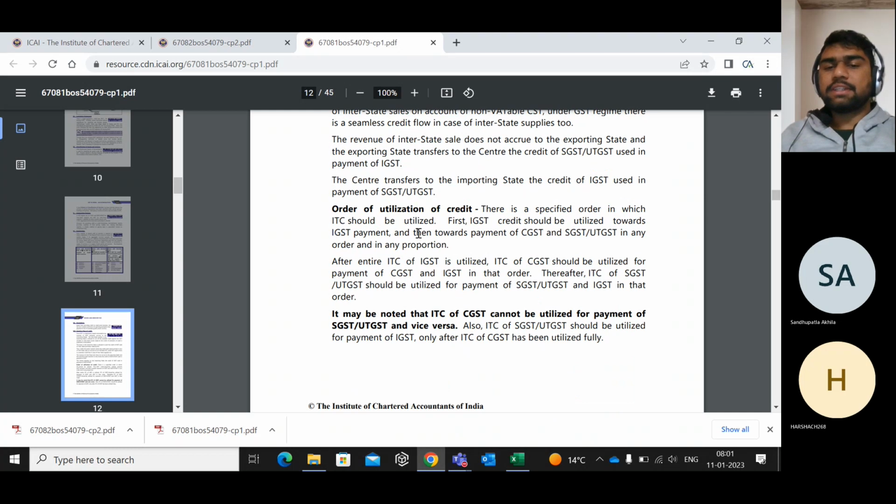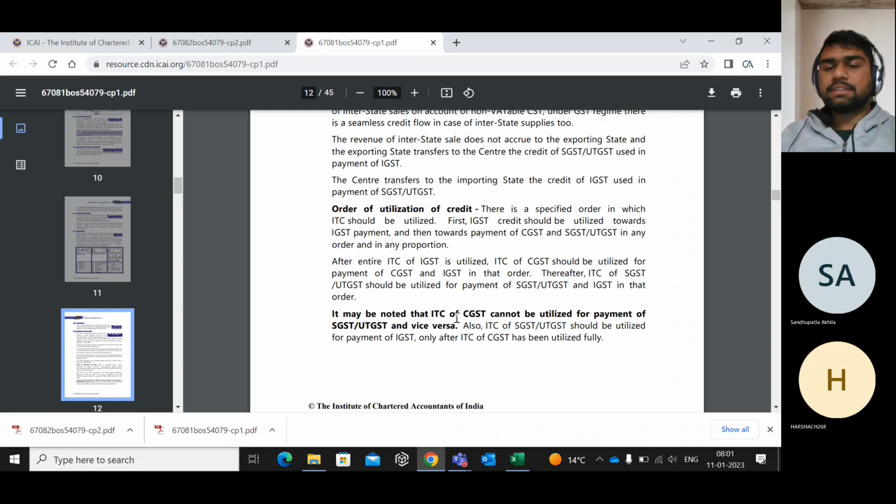That means IGST can be used for SGST or UTGST. SGST or UTGST can be used for discharge of IGST, but SGST or UTGST cannot be utilized for CGST.